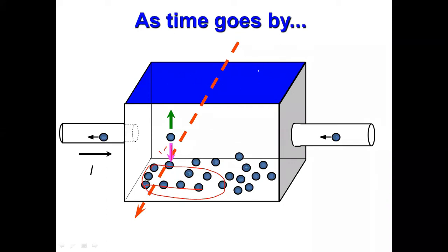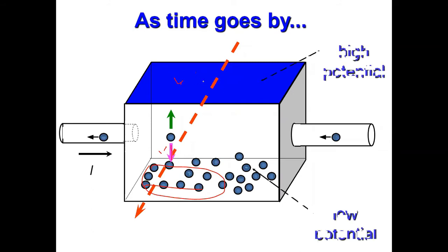That means we can say this upper side is at higher potential with respect to the bottom side. In other words, there is a potential difference between the upper and lower side.